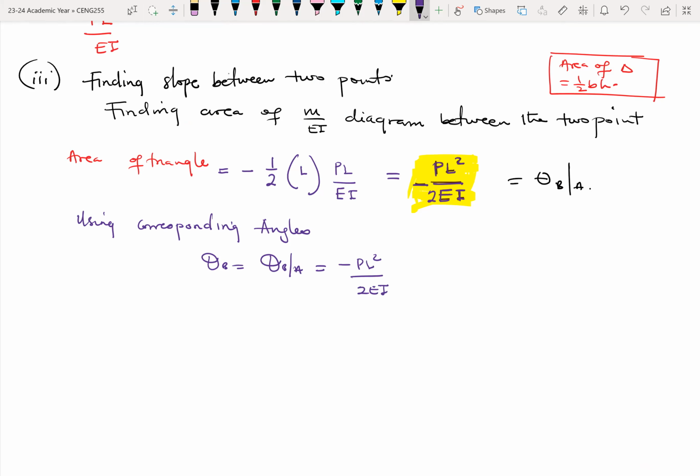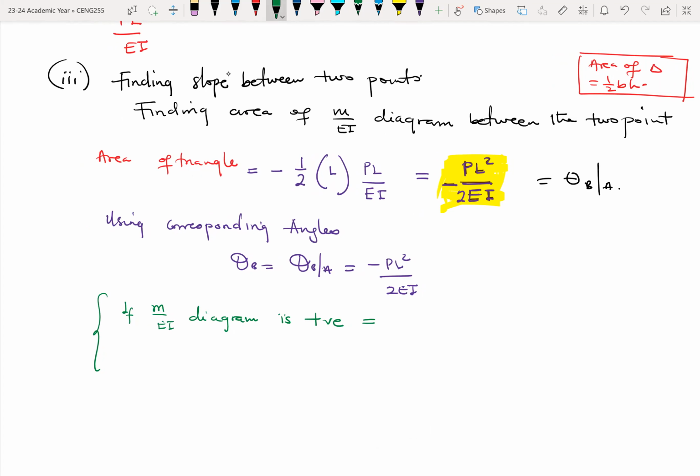So just a few things to take notes. If the M over EI diagram is positive, then it means that the angle we're trying to measure is measured counterclockwise.